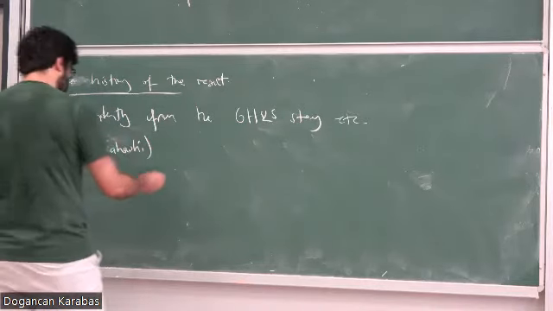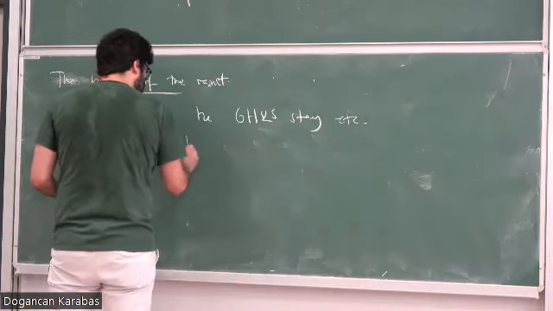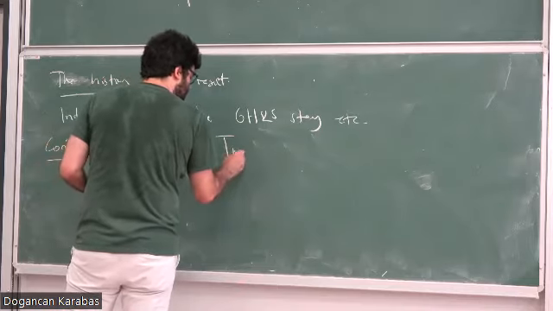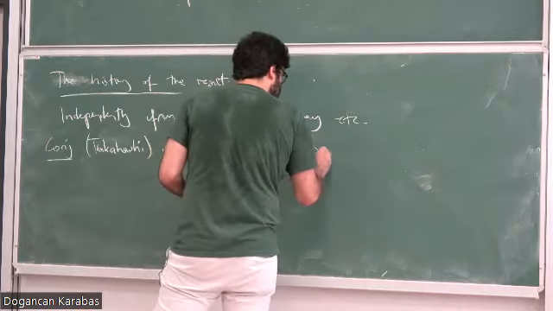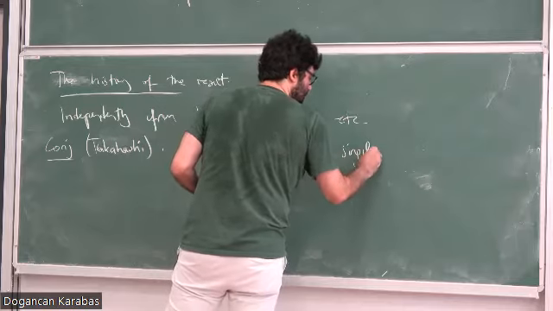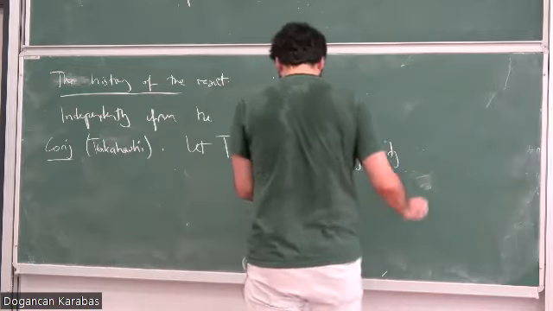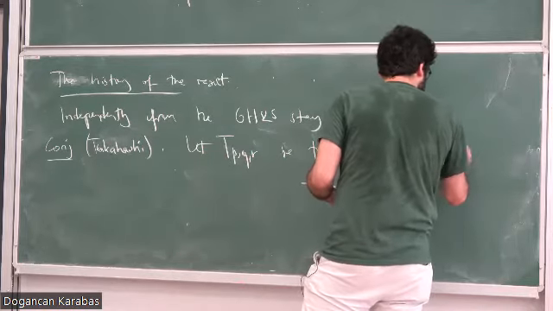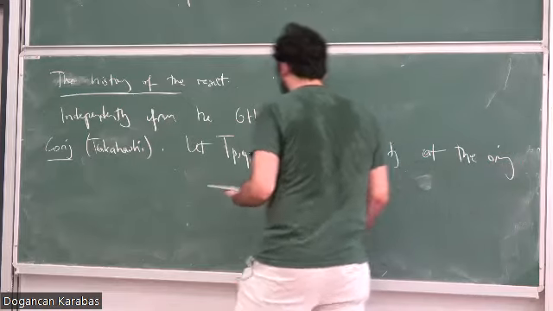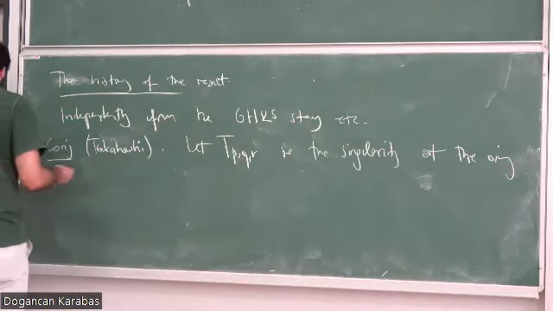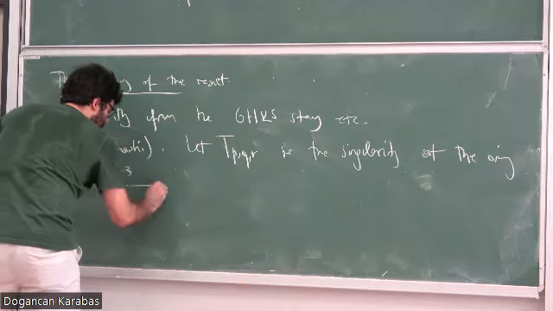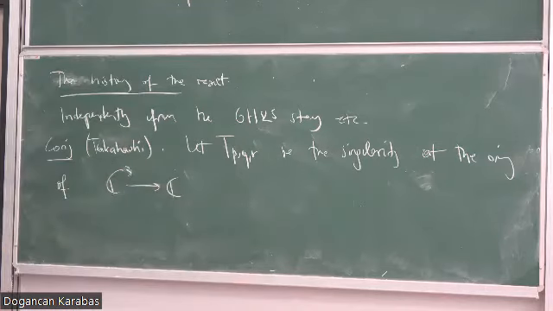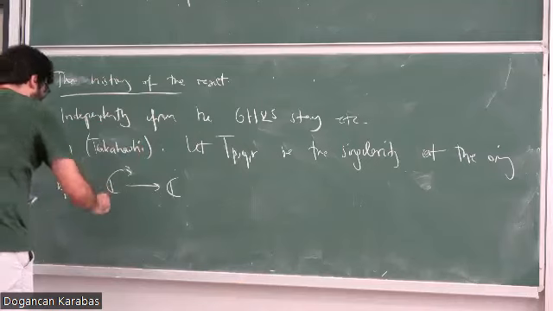Okay, and this conjecture said the following thing. So let T_PQR be the singularity at the origin of the following polynomial from C^3 to C. So it's going to be a family depending on these positive integers P, Q, R. In fact, they're more than positive.